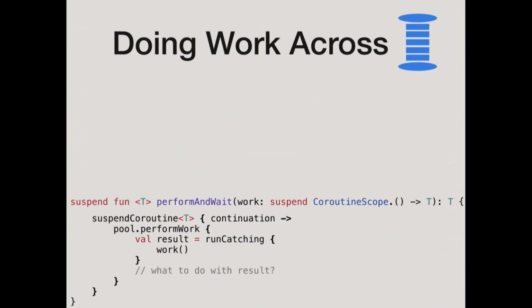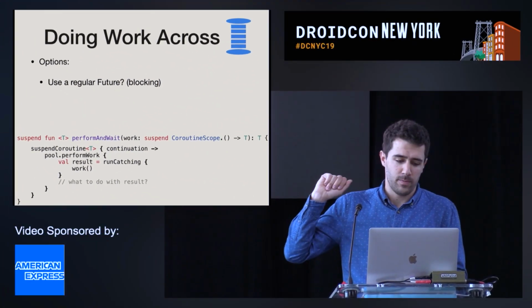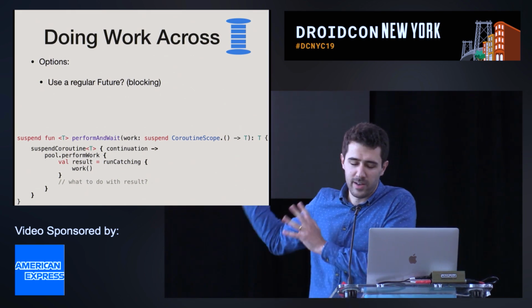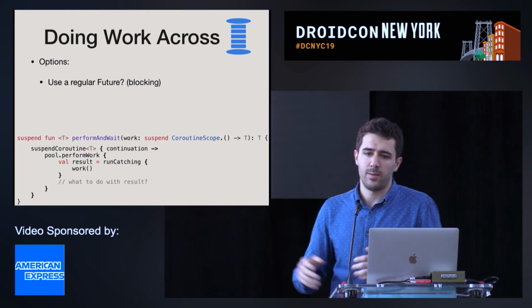So to do that, we have a couple of options. If you've done any native work, you may have seen that there is an API for a future. So we could try to use a regular future, but when you access the future's result, that'll actually hang the current thread, sort of defeating the whole point of this, right? We want to do this in a non-blocking way.